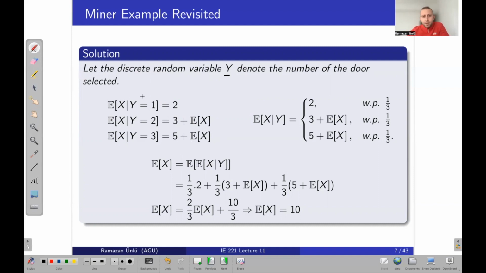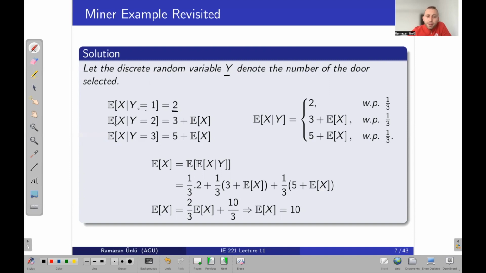Now I can create these conditions, the expected value of x while y is equal to 1. That means the conditional expected value of x, and the condition is choosing the first door in the first time, which is 2, right?